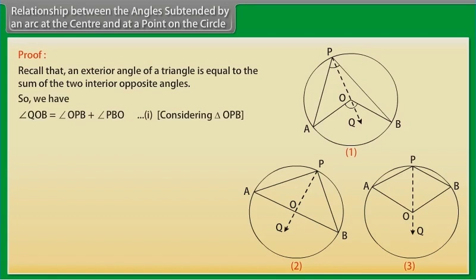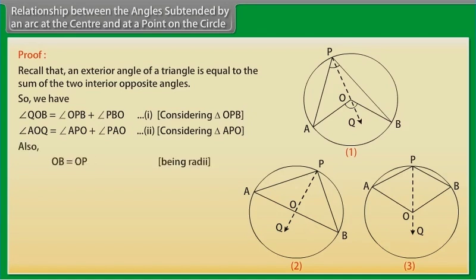1. Considering triangle OPB, angle AOQ is equal to angle APO plus angle PAO. 2. Considering triangle APO, also OB is equal to OP, being radii. Angle OPB is equal to angle PBO and OA is equal to OP, being radii.